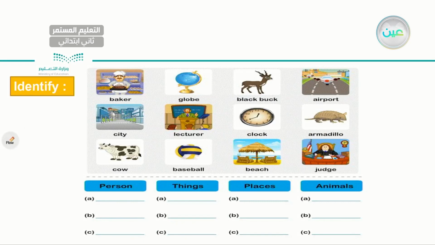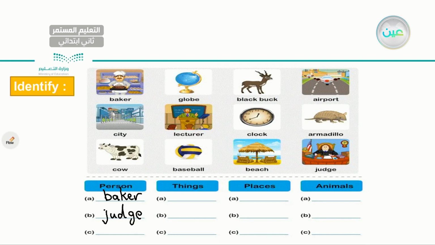For the person, of course the baker is a person. So I will write baker here. Try to find another person for me. I have a judge and I have a lecturer. Very good. Let's write judge here. How about things?